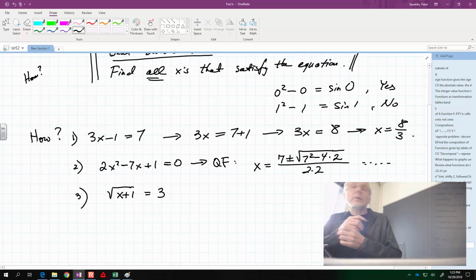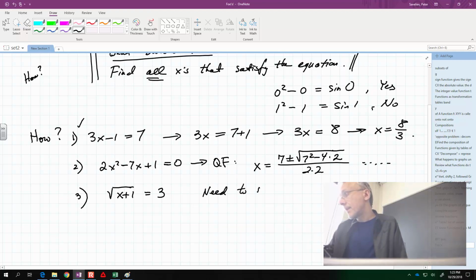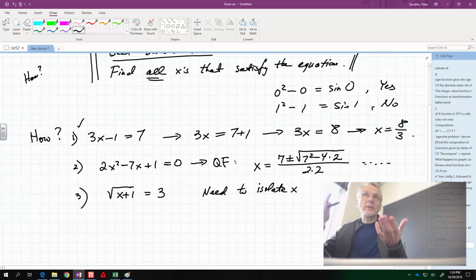But the question now, slightly moving forward, is how. The plan or the strategy, which I applied in number 1 but maybe not in number 2, because it was solved for us, is that you need to isolate x. Isolate means that there is x on one side and there is nothing else on the other, and there is no x on the other side.